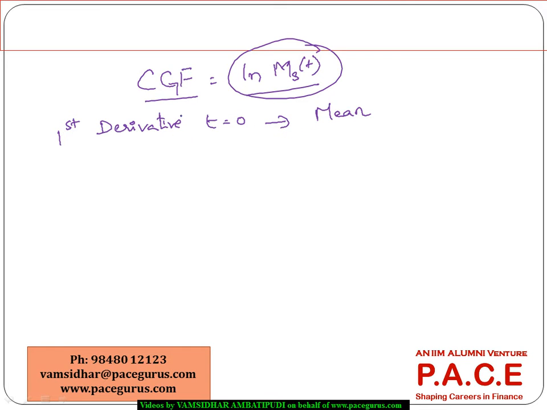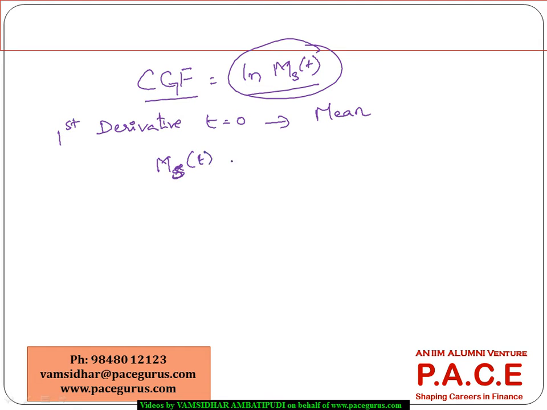And the third derivative at 0, I get the third central moment, the skewness. So by the same logic, I get the cumulant generating function log M_S(t), and I have to differentiate it 3 times at t equal to 0.